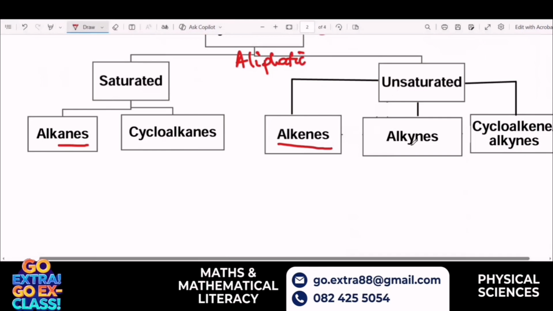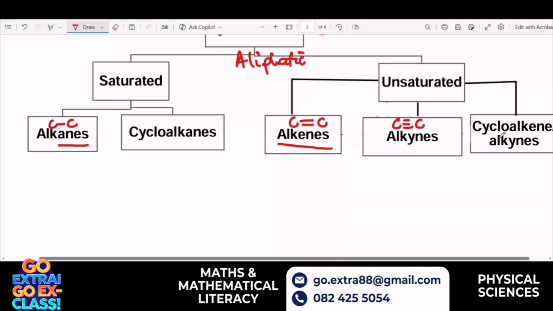The one that has only single bonds between carbon to carbon is saturated: alkanes. Alkenes have a double bond between carbon to carbon. Alkynes are hydrocarbons that carry a triple bond between carbon to carbon.